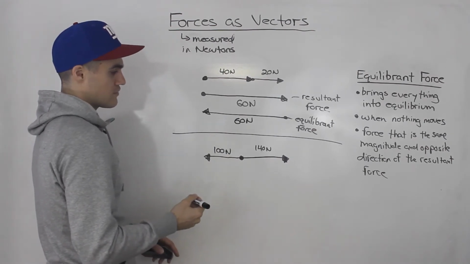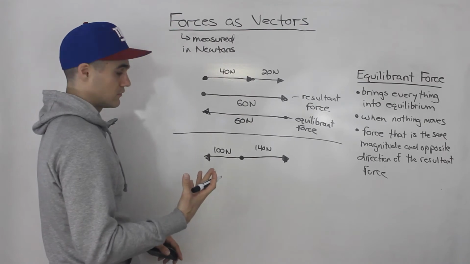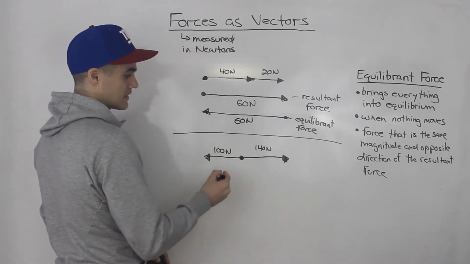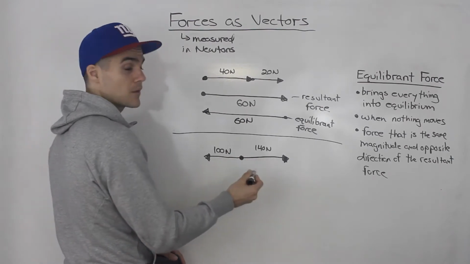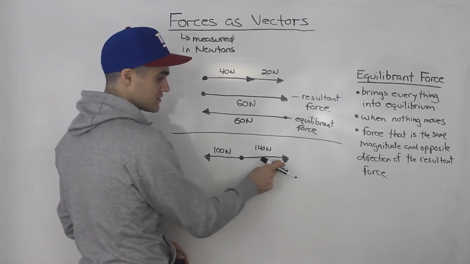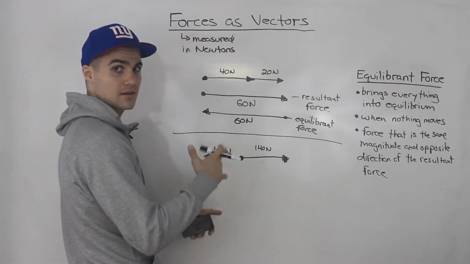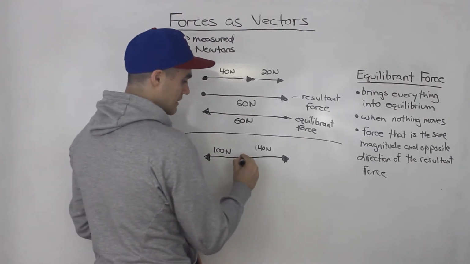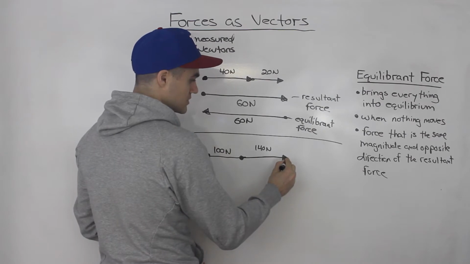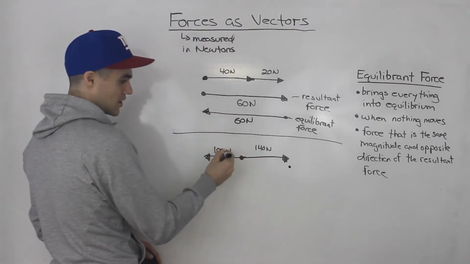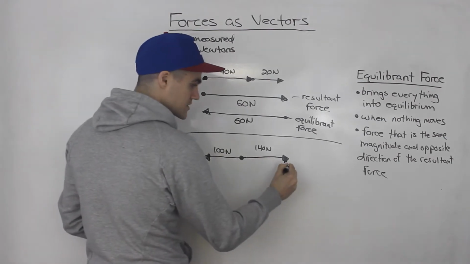Well, to find the resultant force, what you do is you basically take these forces and add them up. And when you're adding vectors, these forces are represented as vectors, you've got to add them tail to head. So if we take this force, 140 newtons, and then from that force, we're going to add this 100 newtons going in the opposite direction.